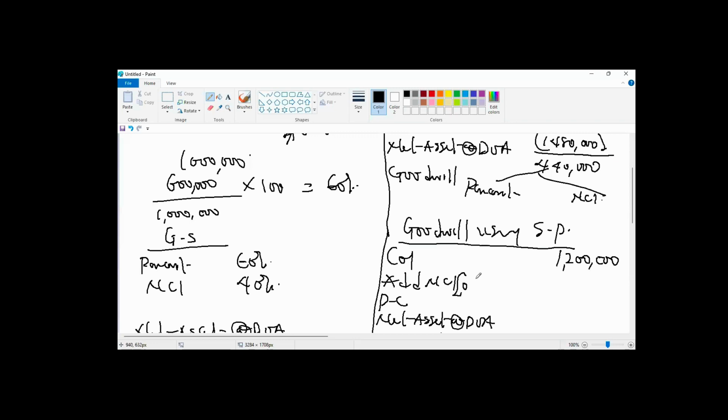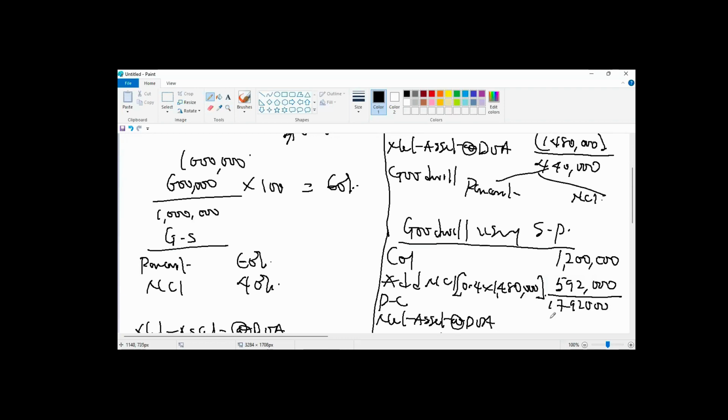I'll say zero net asset method, share proportionate: share the net assets based on the group structure of the parent and NCI. 0.4 times 1480 gives 592,000. 1.2 million plus 592,000 is 1,792,000.